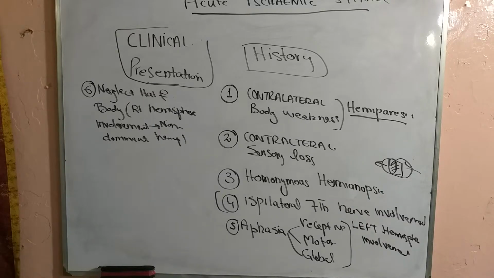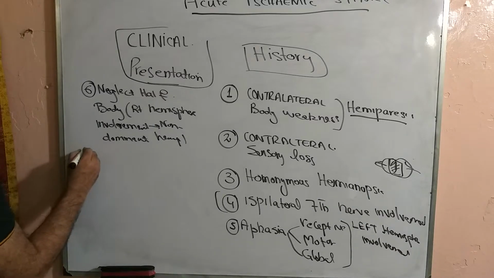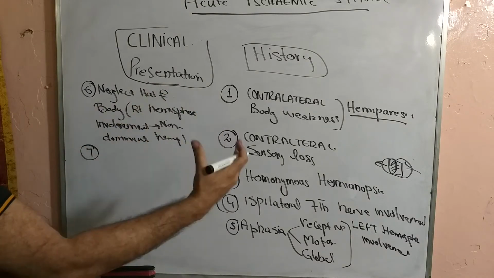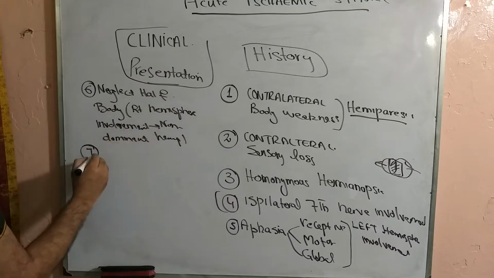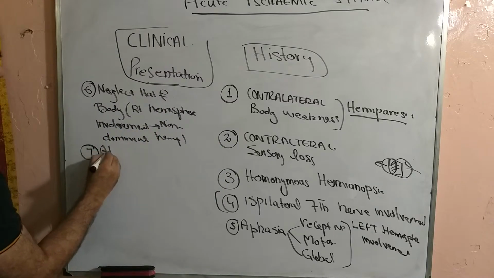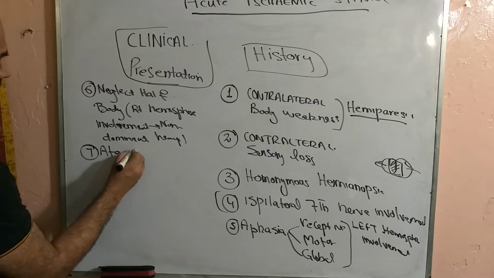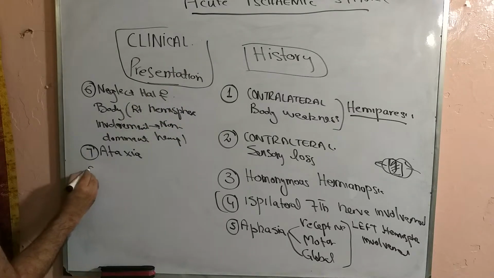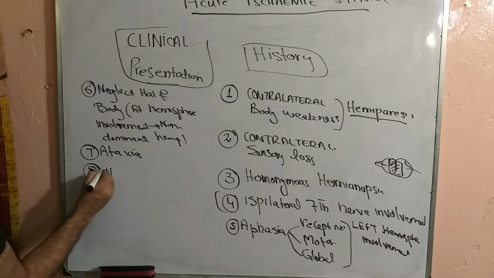In cases of involvement of the posterior circulation and the cerebellum, there can be ataxia, where the patient is not able to walk properly. There can be a complaint of vertigo.